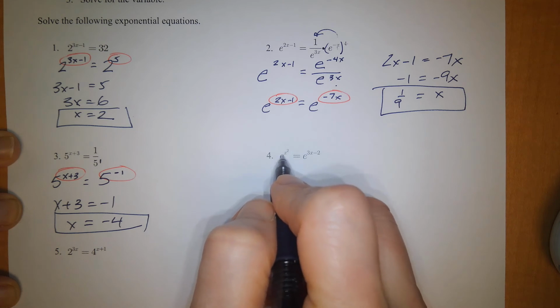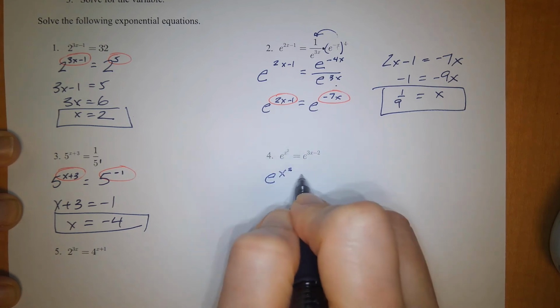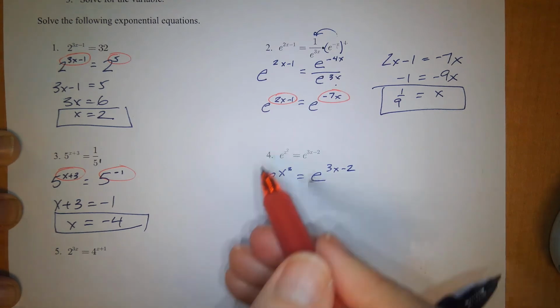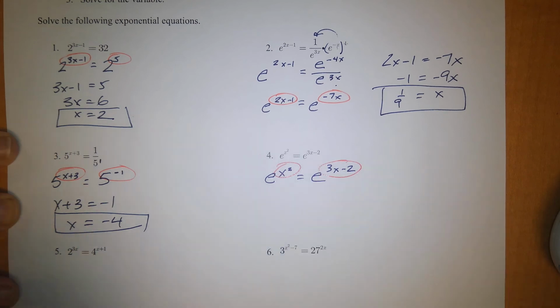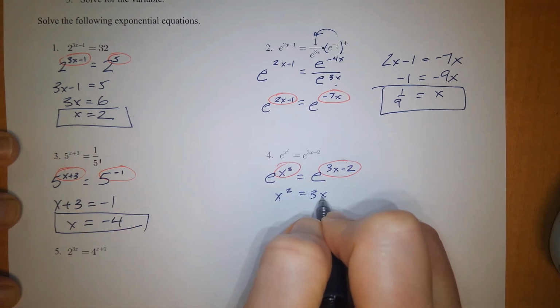Over here I have e to the x squared equals e to the 3x minus 2. I already have this in simplest form. I can simply just set their two exponents equal to each other. So I have x squared equals 3x minus 2.